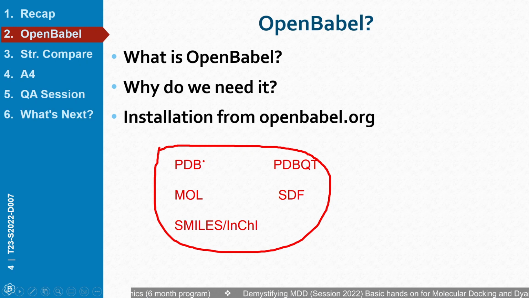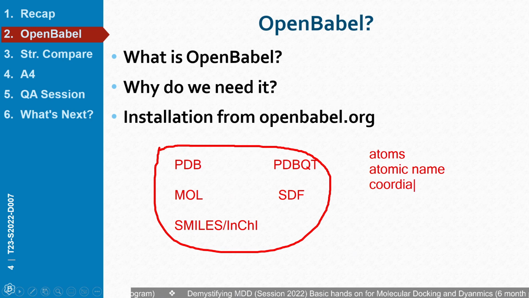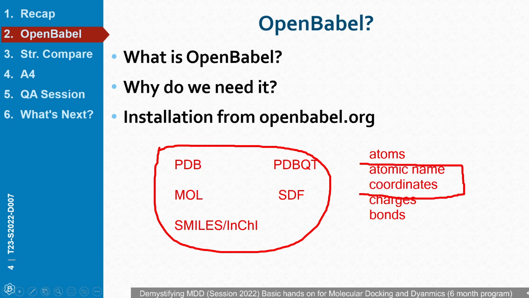So in a PDB file or any other file, you have seen that there is composition of atoms, and for the atom property there is atomic name and their coordinates, and sometimes charges, and also there is information about bonds. This information varies from software to software.